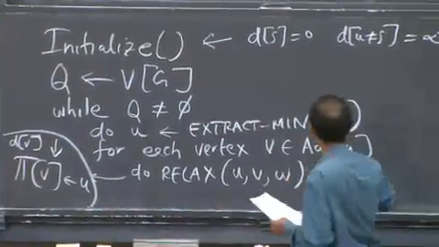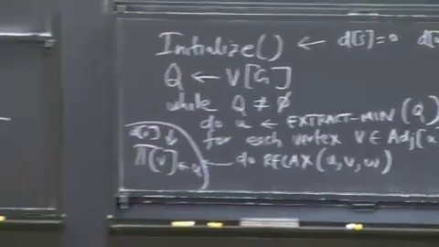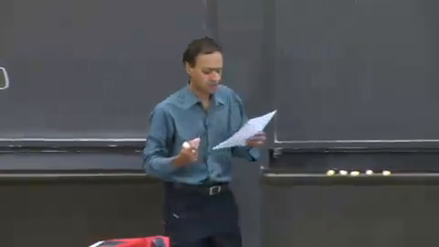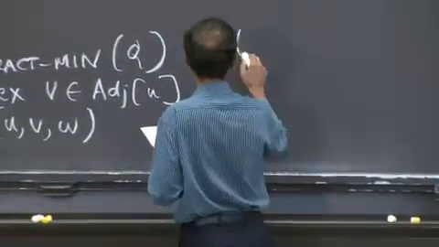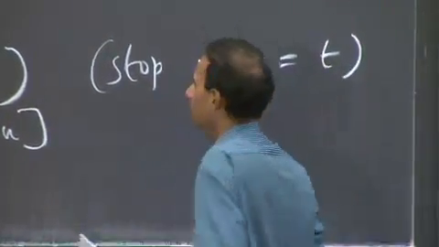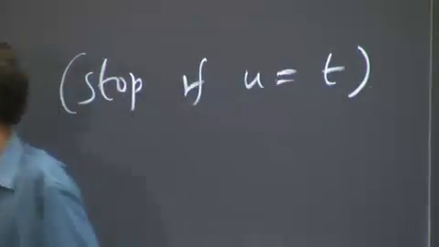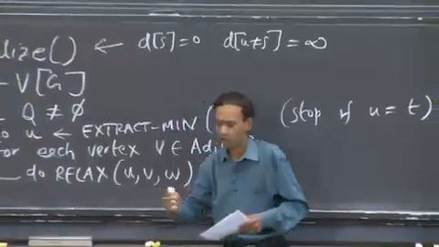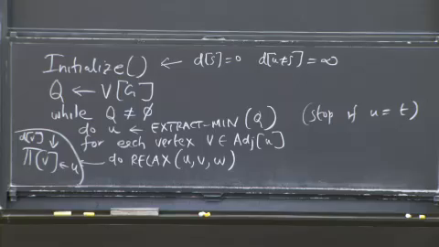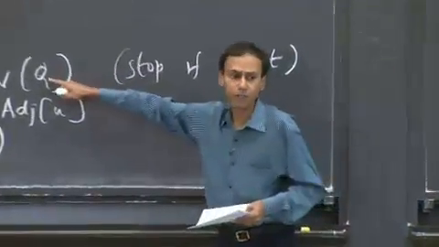One of the things that we can do, this straightforward thing, which is one line of code literally, is to say that if you know what the single target is, then you simply stop if u equals T. So no need to continue until Q becomes null. You stop when you've lifted off the T vertex from Q. All right?